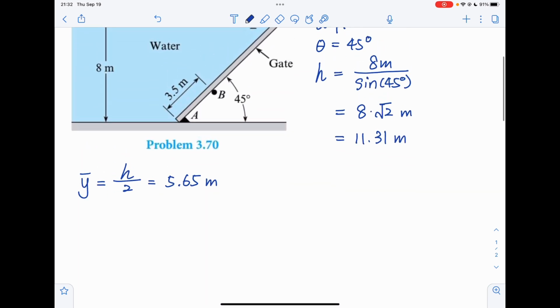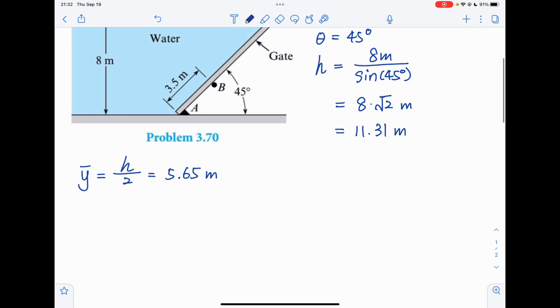So the next step is to compare the centroid and the YCP. So YCP equals I over y bar times A, plus y bar. Okay, so we know the y bar, but we don't know the I and A.